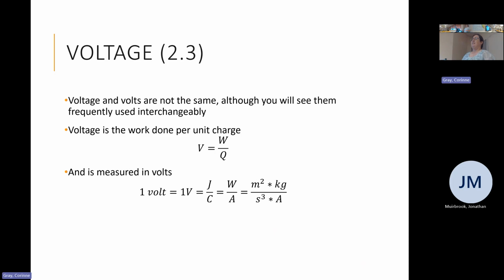Volts is the unit. So again, they both use capital V. If we're using numerical values in conjunction with variables, typically we'll drop the units to not confuse them. Here we have the volt, which is a joule per coulomb, or a watt per amp, or meter squared times kilogram per second cubed times amp.